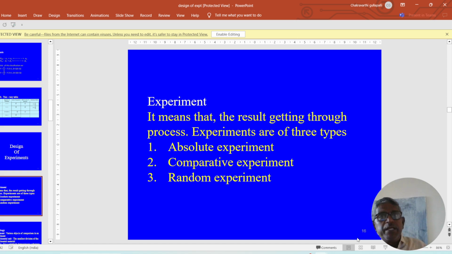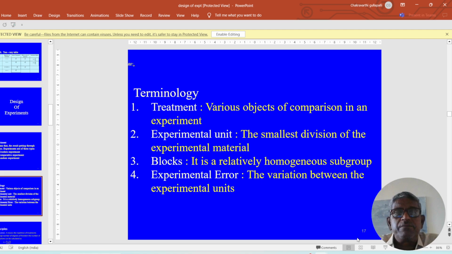A random experiment means one in which the result cannot be explained in any way before completion of the experiment or on comparison. Such experiments are called random experiments. Now we are studying random experiments here.